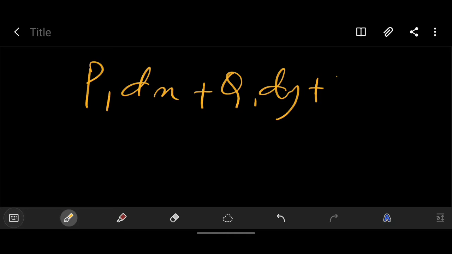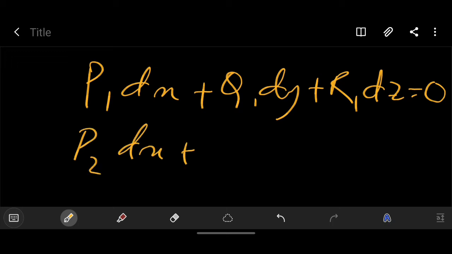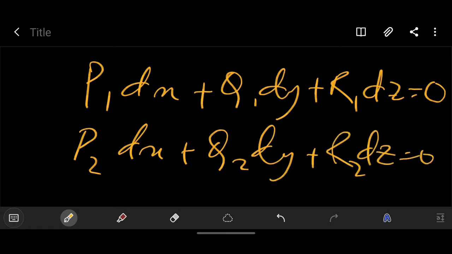In the last lecture, we talked about simultaneous equations, and now we will continue that and extend it to the first-order form p1 dx plus q1 dy plus r1 dz equals 0, in three variables x, y, and z, and the second equation p2 dx plus q2 dy plus r2 dz equals 0.